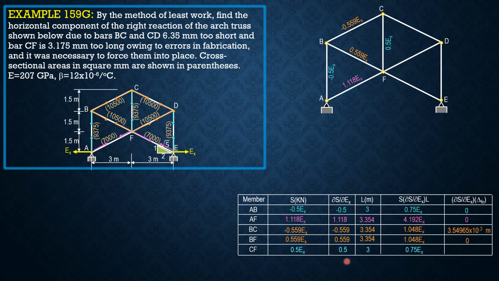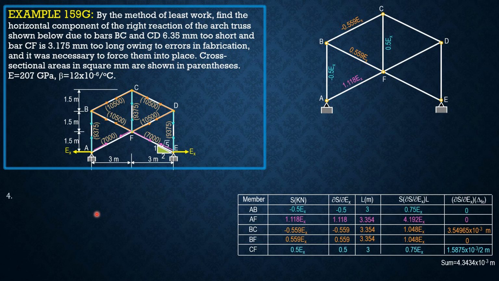So 0.5 times positive 0.003175, then divided by 2. So that's 1.5875 times 10 to the negative 3 divided by 2. So the sum is equal to 4.3434 times 10 to the negative 3 after we divide this by 2.